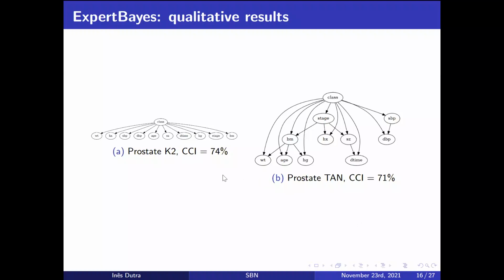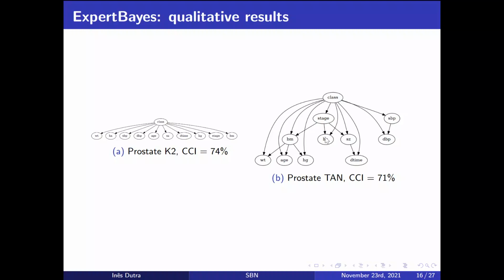This other example is the network that was built by K2 in Weka, and this is the network that was built by TAN that had the accuracy of 71%.